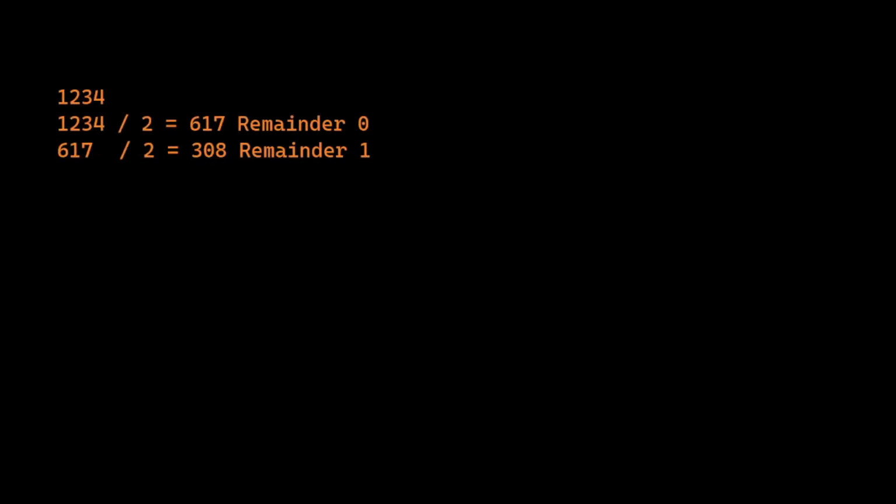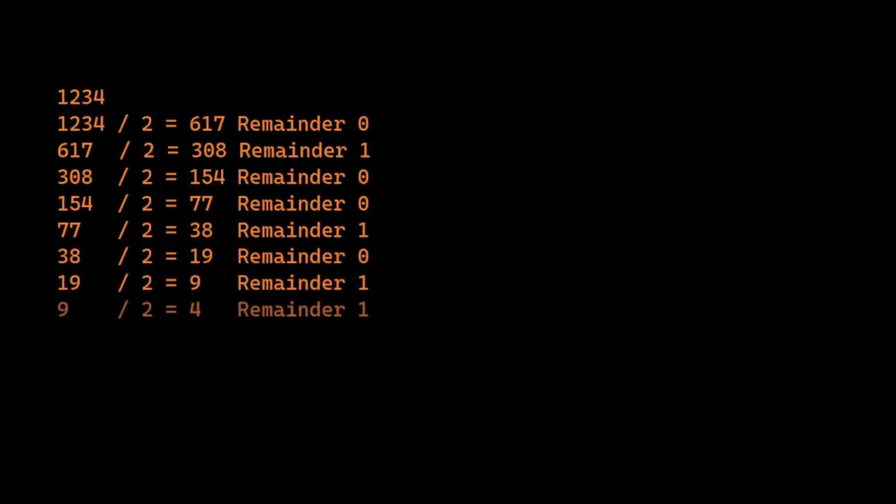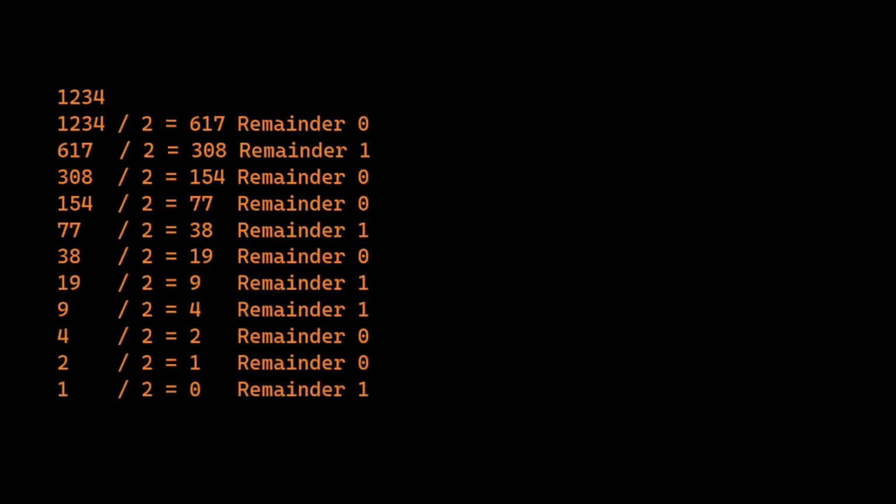We continue dividing, until we get 0 remainder 1. Now all we have to do is put those bits in reverse order, from bottom to top. We get 10011010010.